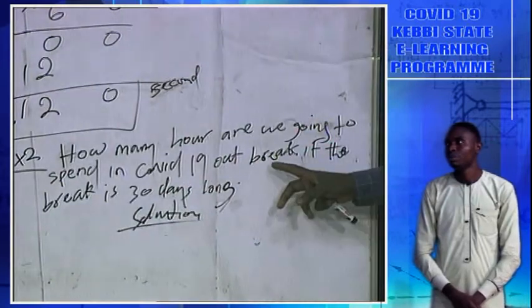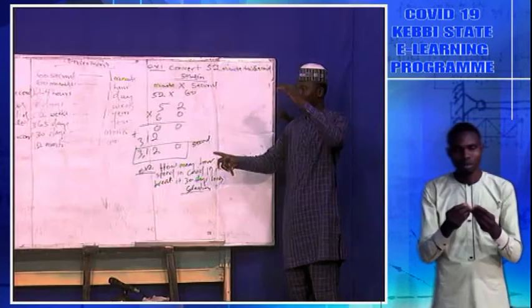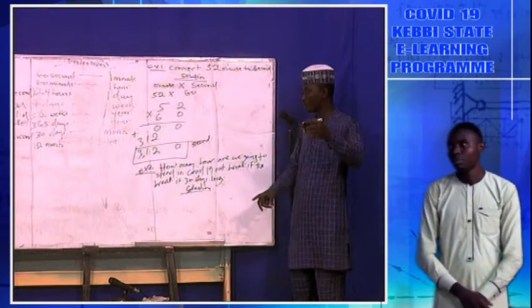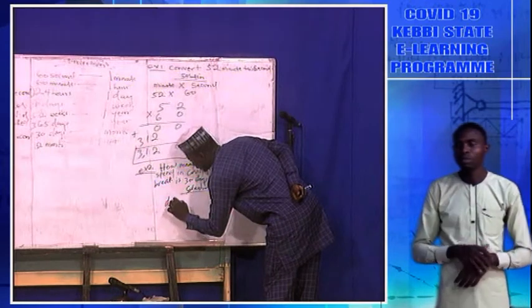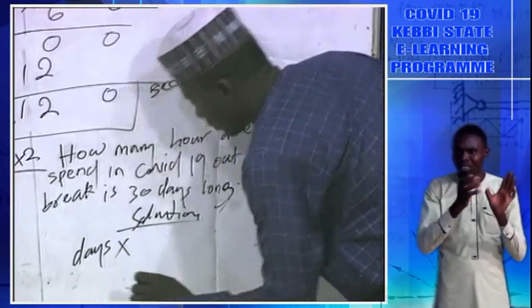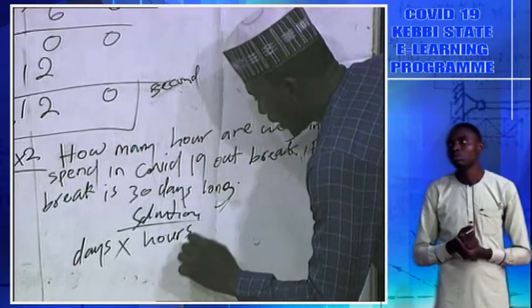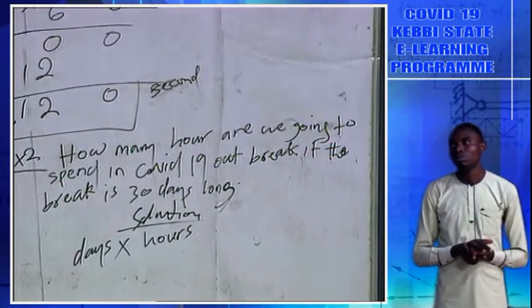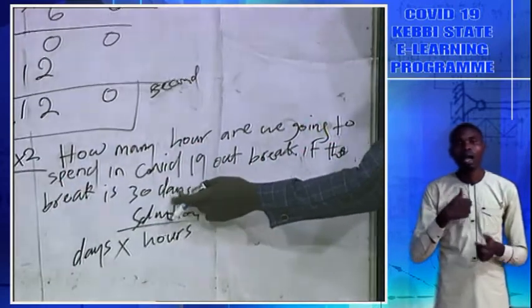If it were how many minutes we are going to spend, we would convert days to hours to minutes. Now we are going to multiply days by the hours we have in a day. In the question, our data is 30 days.